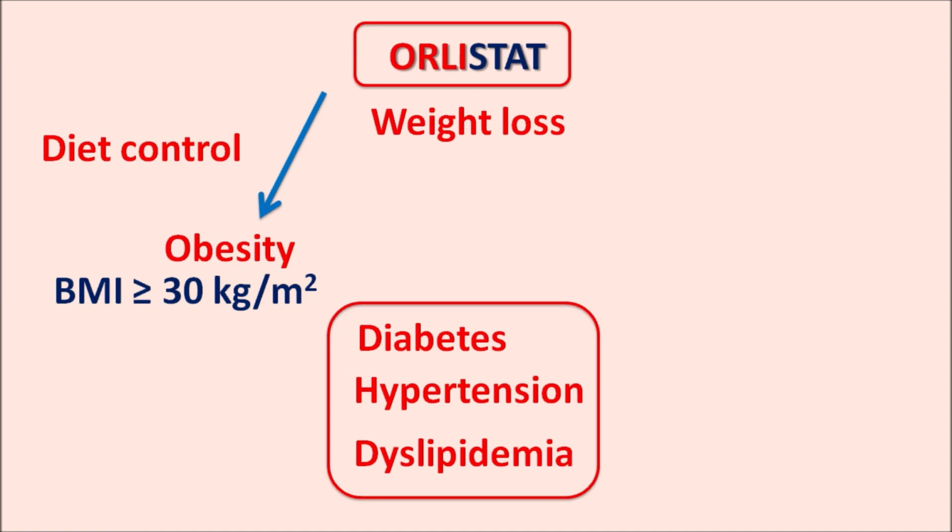Then the target body mass index is 27 kg per square meter. So in those patients if BMI is greater than or equal to 27 kg per square meter, then Orlistat can be used to control the weight of the patients.